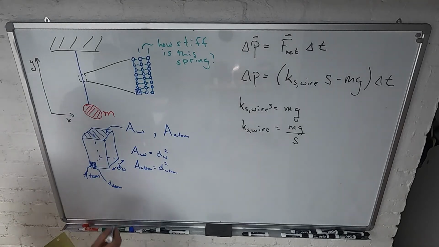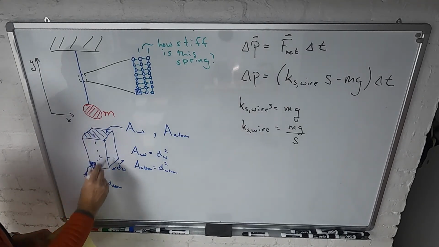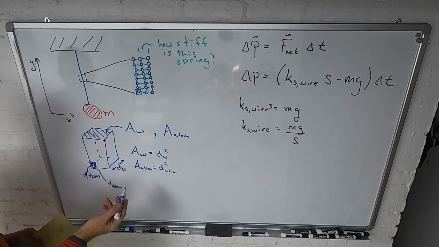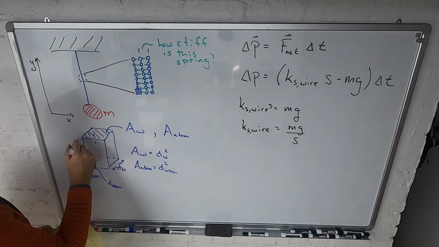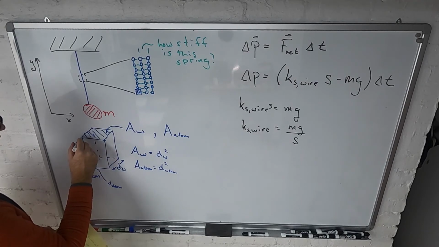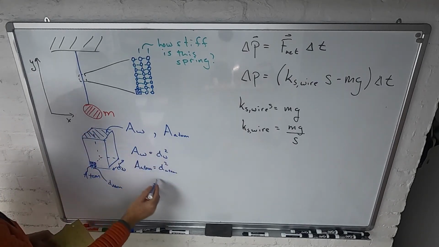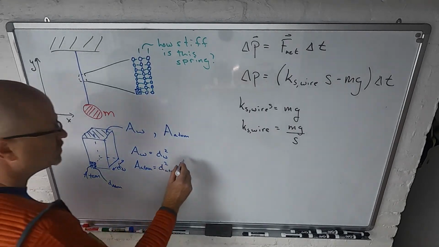Now, if I think about the number of chains that make up the wire, that's the ratio of the areas. If I were to grid this into the number of wire chains this way and the number of wire chains this way, the ratio of these two areas will give me the number of chains.